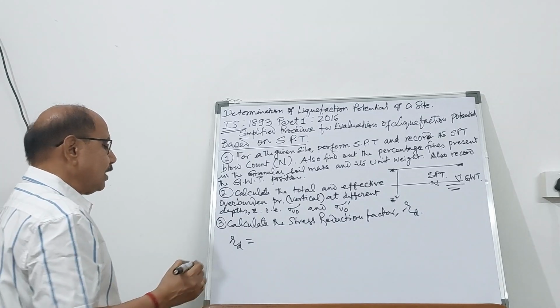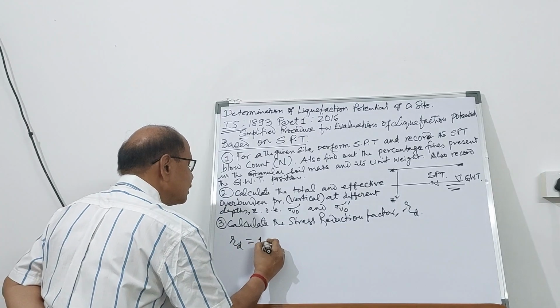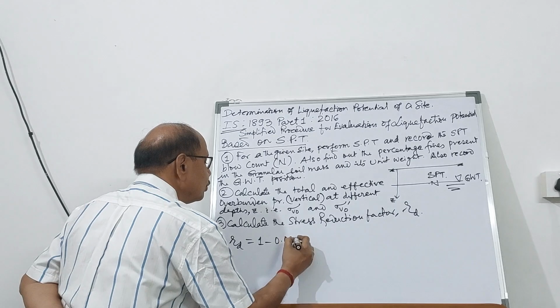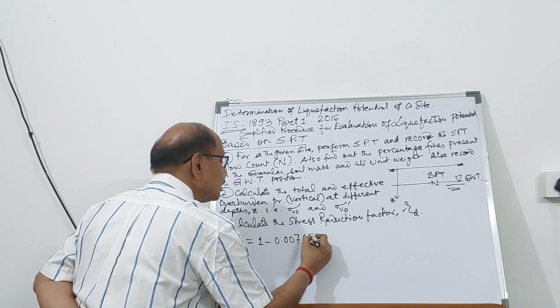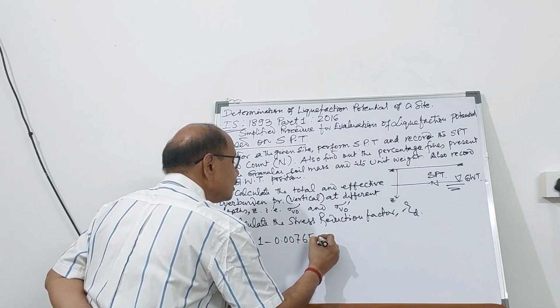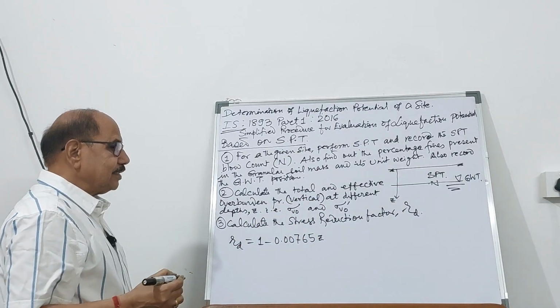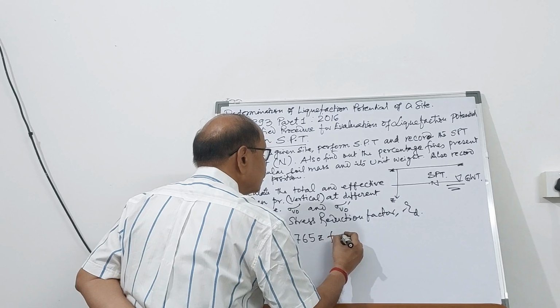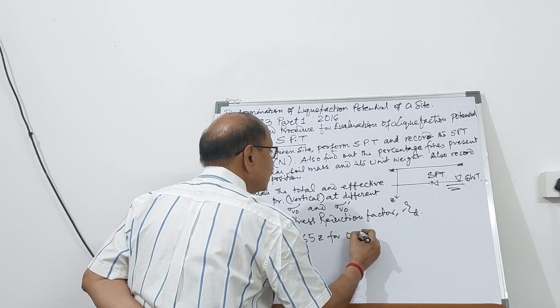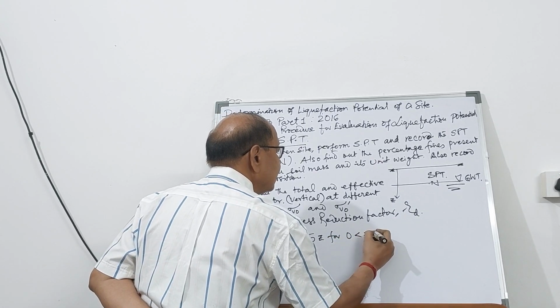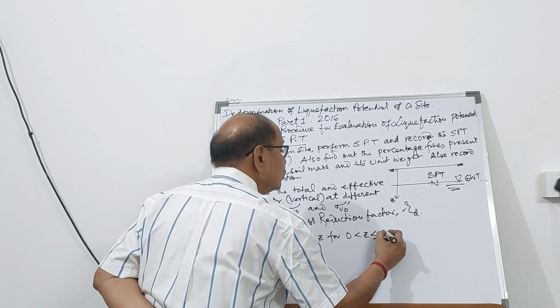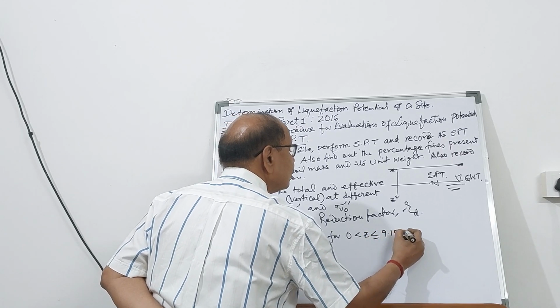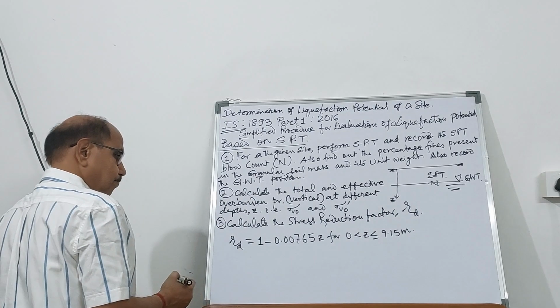So it is given as 1 minus 0.00765 Z, where Z is the depth, for 0 less than Z less than or equal to 9.15 meter.